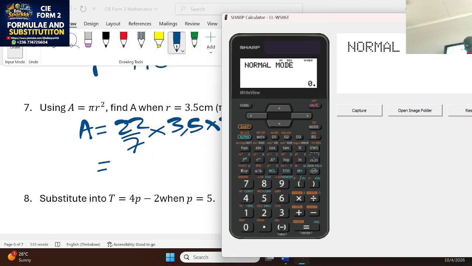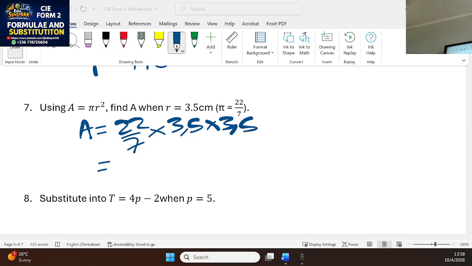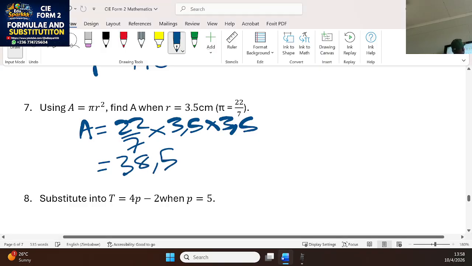A fraction there having 22 and 7, multiplied by 3.5 squared. Let's check what we get. Looks like it takes us to 38.5. So our result there will be 38.5, and this is square centimeters for this area.